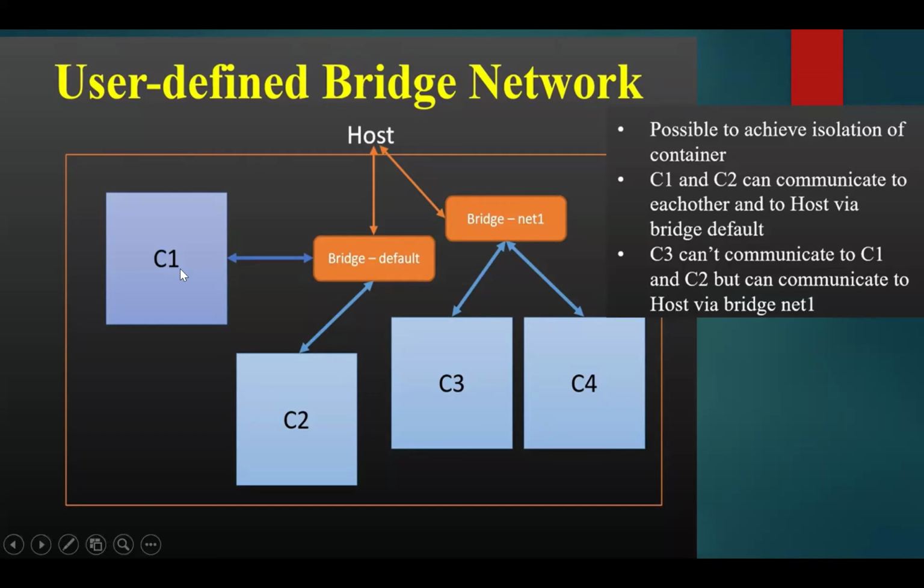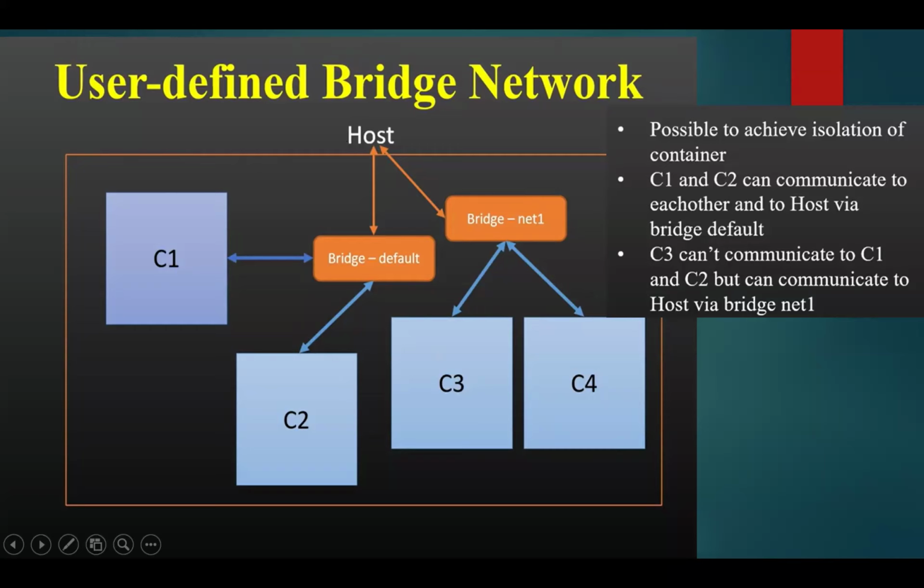If I want C1 to communicate with C3, I first have to talk with my host network, and then go to the other one. So the host network is used for that. If two containers are on two different bridges, you can talk through the host network and create a host network between these two containers.